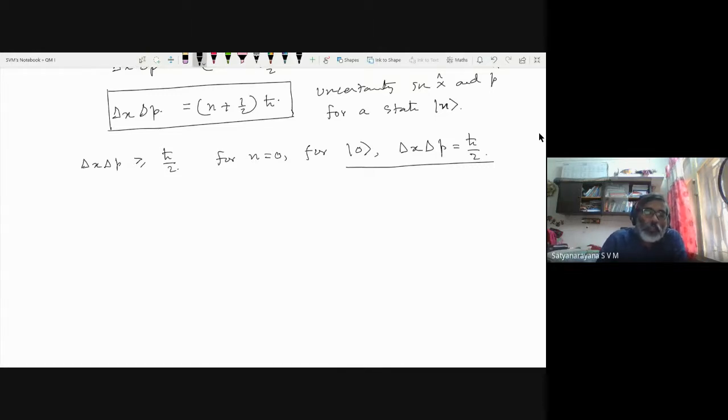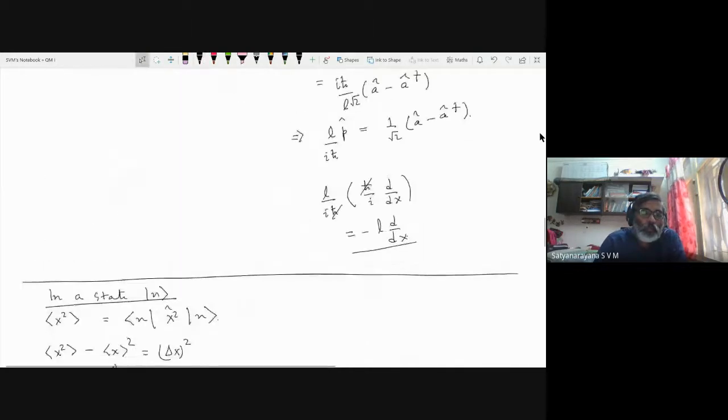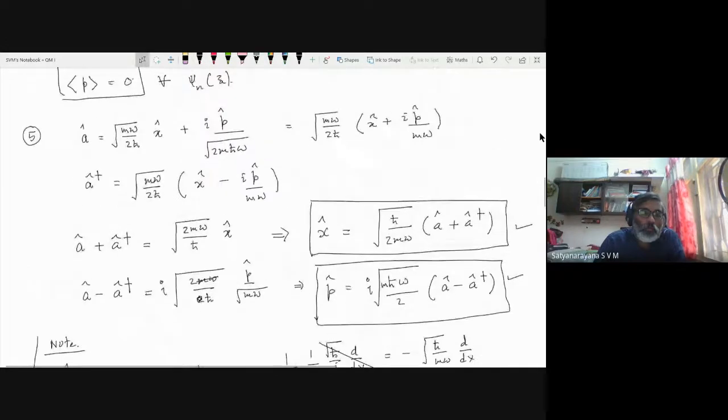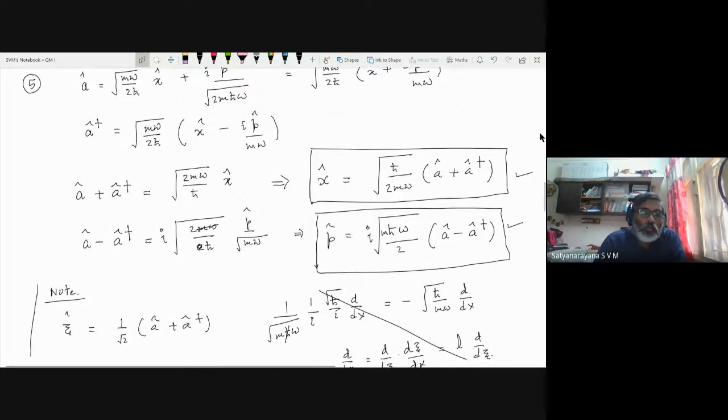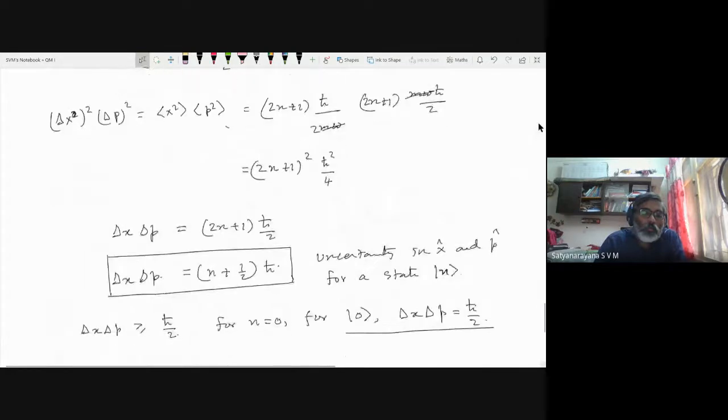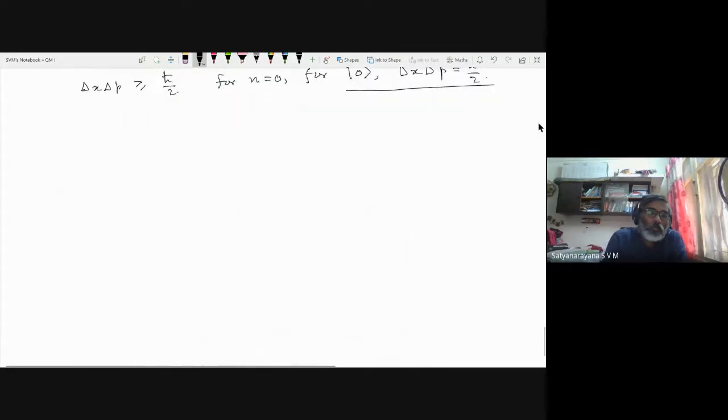Now let us look at some of these wave functions. The ground state wave function, which I have already represented, looks like this.